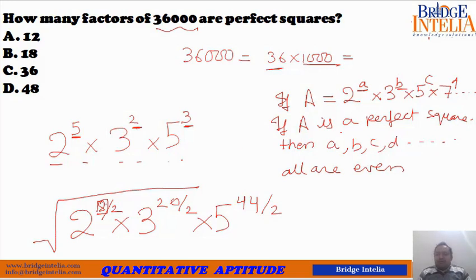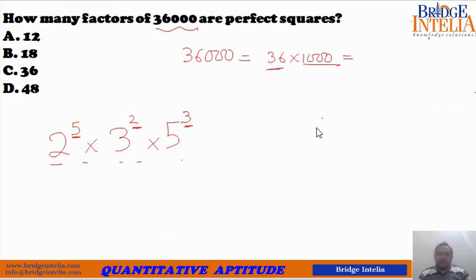Now let's apply the concept here. Keeping this in mind, we will generate factors. What are the possible powers of 2? You have to keep powers even. So possibilities are 0, 2 and 4. We cannot write 6 here because the maximum power that can be written is 5.